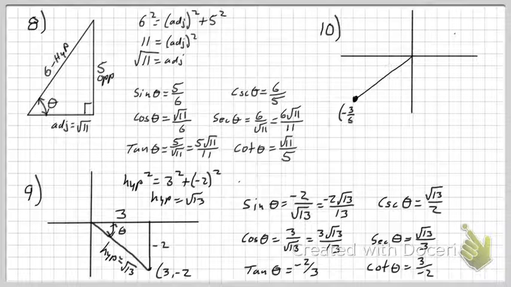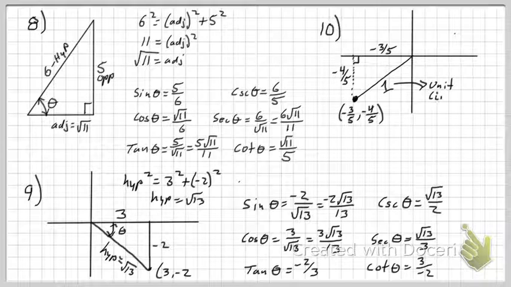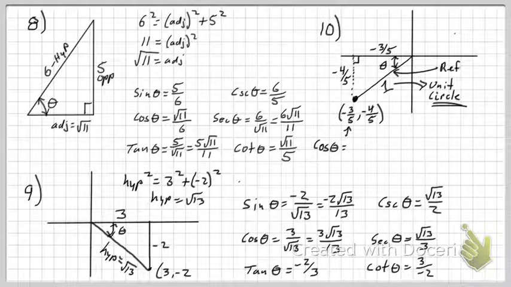Number 10. Okay, if I'm not mistaken, number 10. This is even easier, because on this triangle, they tell you it's on a unit circle. So that means the hypotenuse is 1. So the x-coordinate, adjacent over hypotenuse, so I'm just dividing by 1. So cosine of theta is going to be negative 3/5, and the sine of theta is going to be negative 4/5.